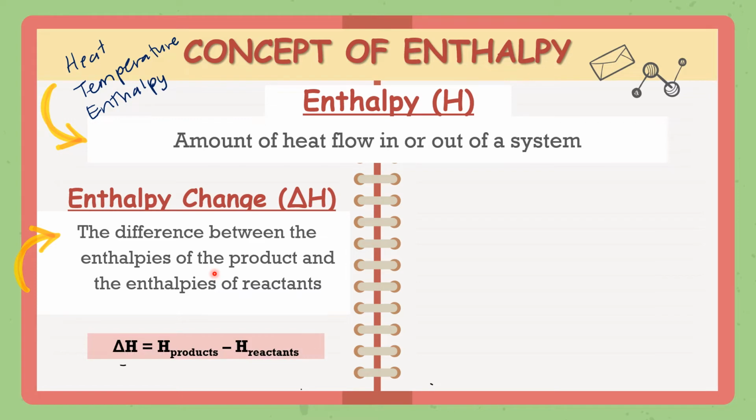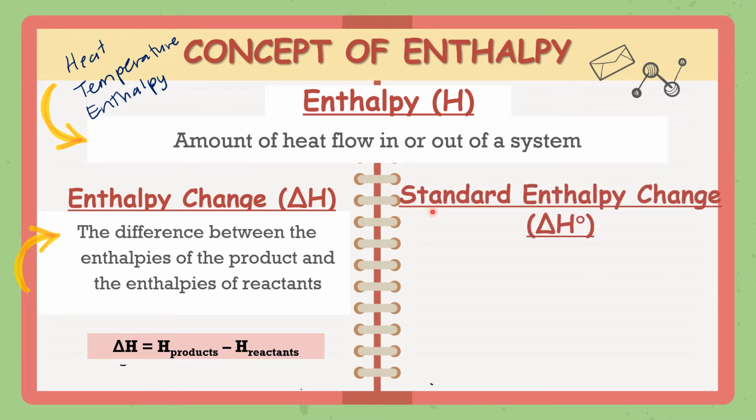The next one we have is standard enthalpy change. Please make sure to look closely at the symbol. Enthalpy change is only delta H, but for standard enthalpy change, you have delta H naught over here. So what's the difference between these two?